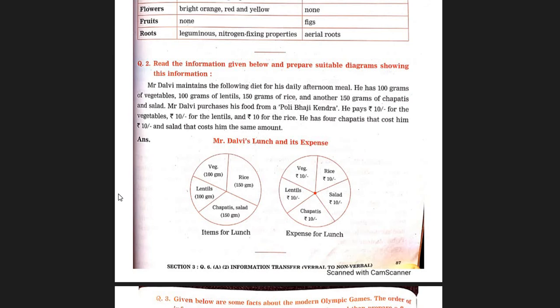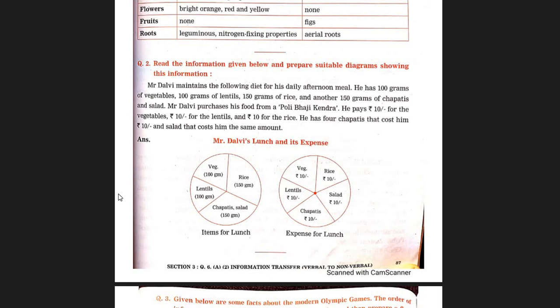Mr. Dalvi purchases his food from a Poli Bhaji Kendra. He pays rupees 10 for the vegetables, rupees 10 for lentils, and rupees 10 for the rice. He has 4 chapatis that cost him rupees 10 and salad that cost him the same amount.